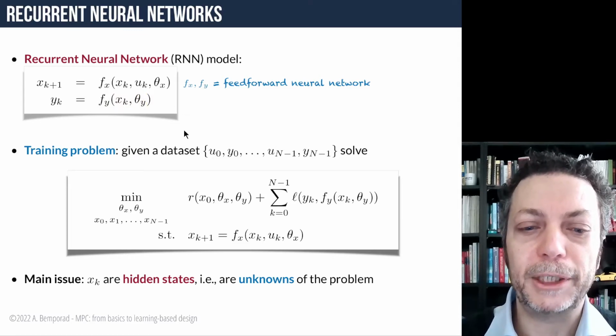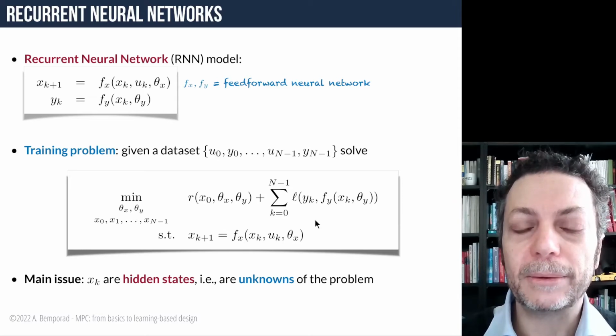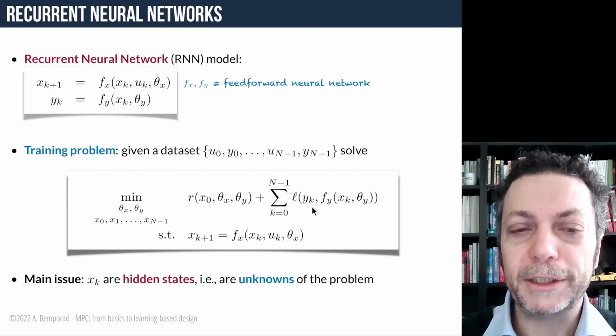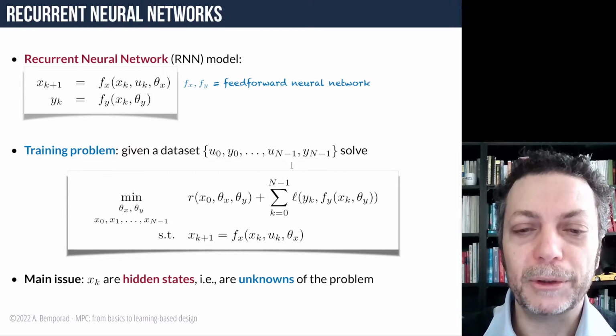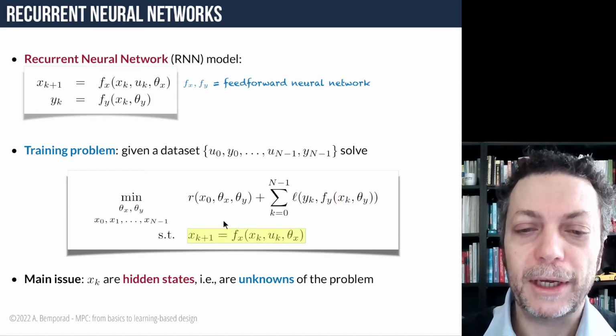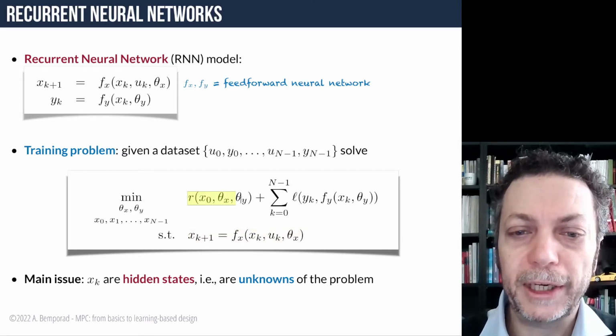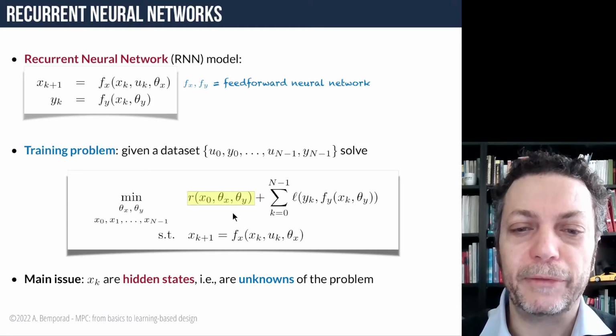So what is the training problem? The training problem is to fit measured outputs to predicted outputs. So how to predict the output? You propagate the model. So you have a loss penalizing the difference between yk and the predicted y, and the states of the model are propagated through the state update equation, and you have a loss on the initial state and the vectors theta x, theta y of parameters.